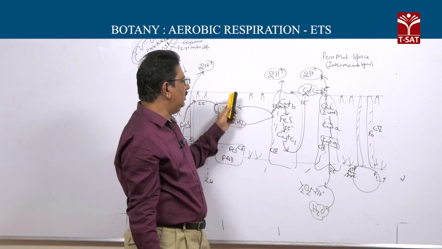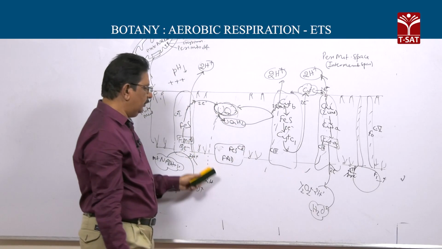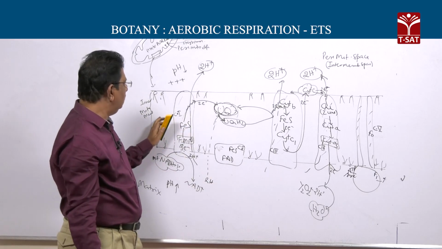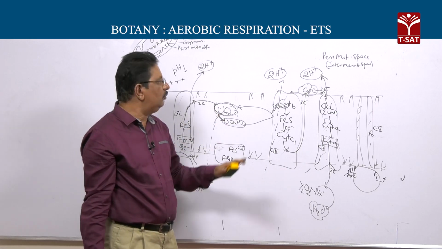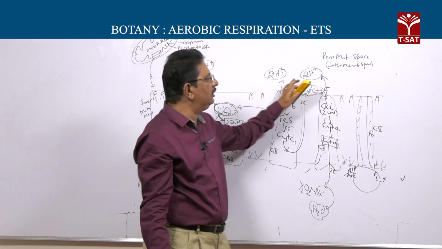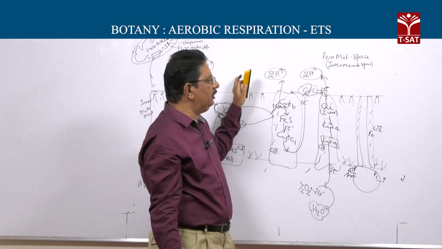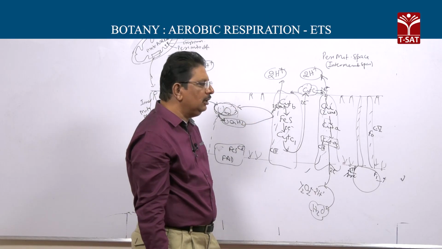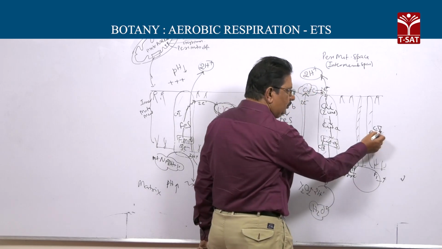But unfortunately, the intermembrane space and mitochondrial matrix are separated by the inner mitochondrial membrane, which is selectively permeable. It never allows the free movement of protons, but it allows the movement of protons from the higher concentrated to the lower concentrated region via a complex, that is complex 5.